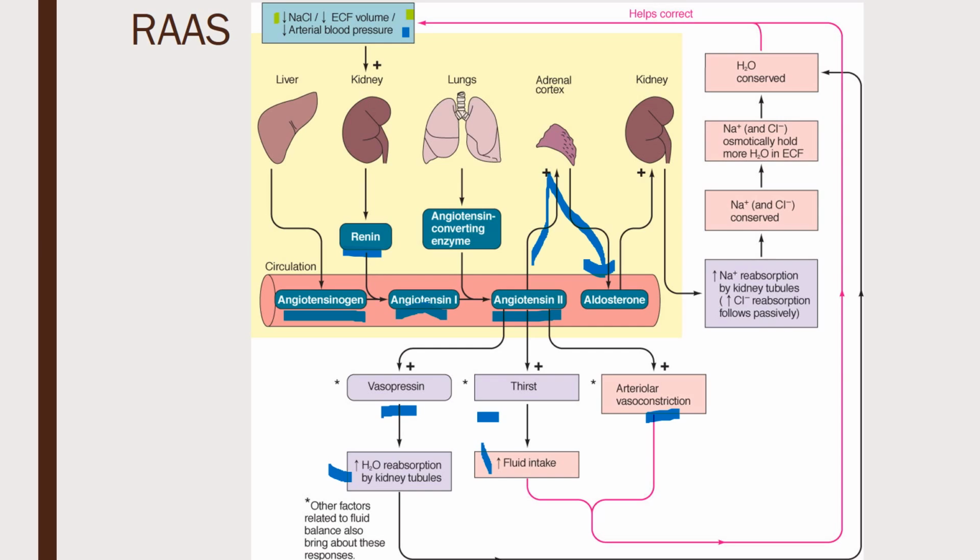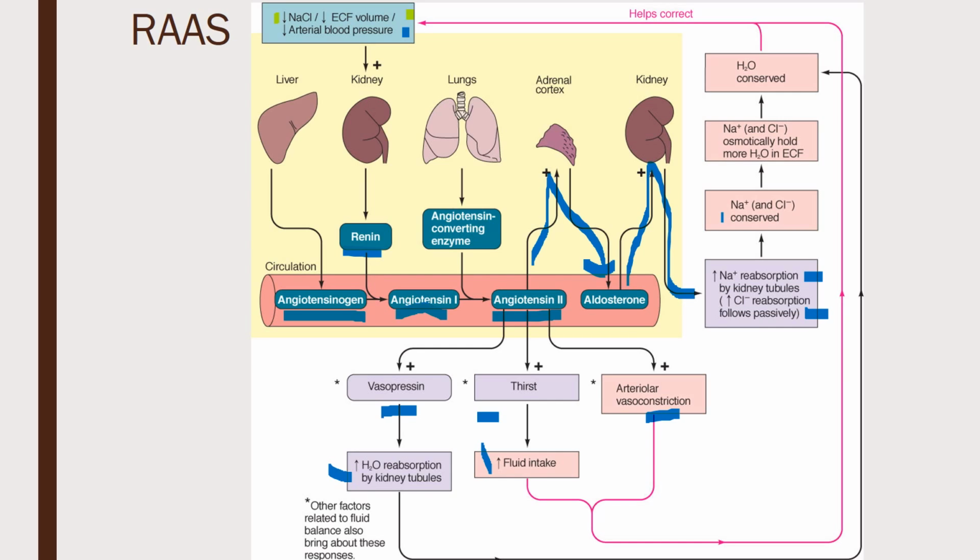Now, when we have higher aldosterone levels, this is going to stimulate the kidneys, and within their tubular component, they are going to increase sodium reabsorption, and chloride will follow with sodium, okay?